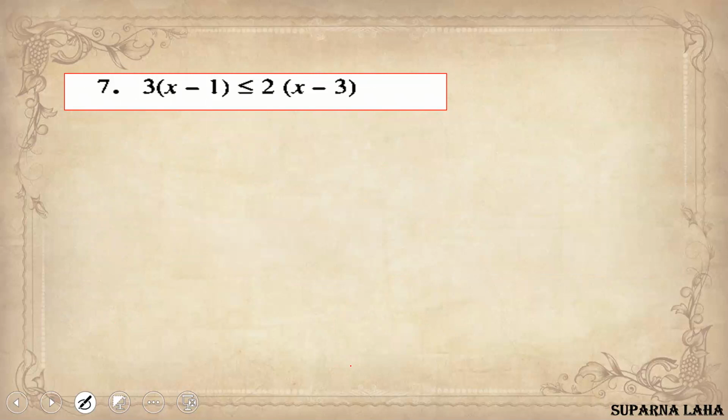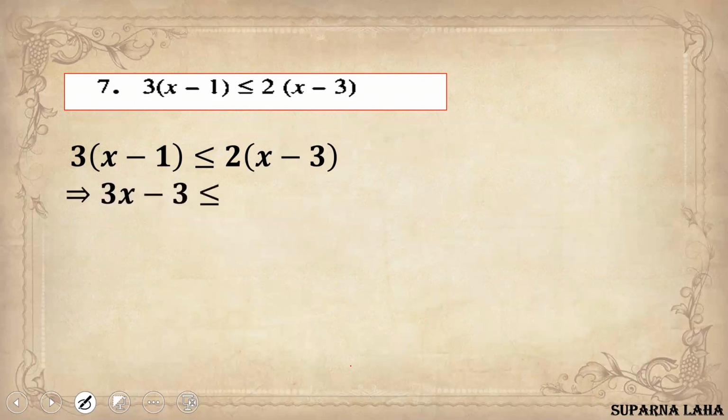You need to find the solution of 3 into x minus 1 less than or equal to 2 into x minus 3. First of all, write this down and multiply by 3 and this one by 2. So 3x minus 3 is less than or equal to 2x minus 6. Now take the x term into one side and the values into the other side.